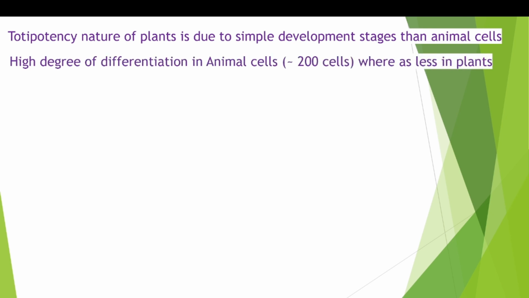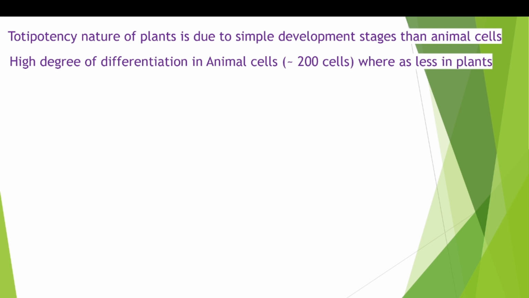Another reason is the high degree of differentiation in animals, whereas in plants there is less differentiation. If you take plant cells, you can find hardly 20 to 30 different types of cells. Whereas in animals, nearly 200 different types of cells with different functions are present, like kidney cells, liver cells, RBC, WBC.